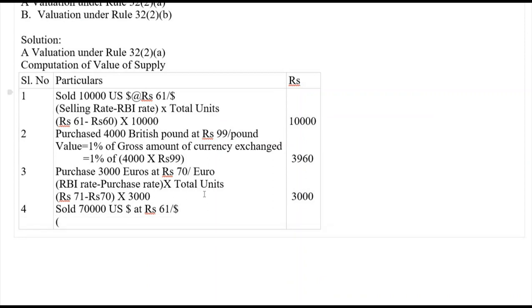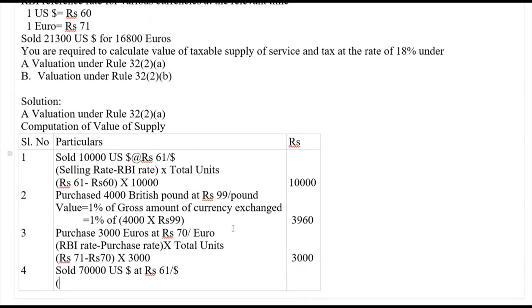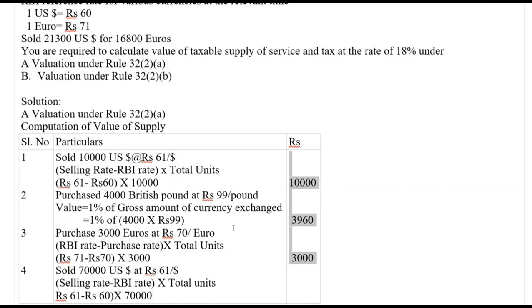The RBI reference rate for the dollar is rupees 60. So the value is the selling rate minus the RBI rate, multiplied by total units. Substituting the values, we get rupees 61 minus rupees 60, multiplied by 70,000 units, which comes to rupees 70,000.